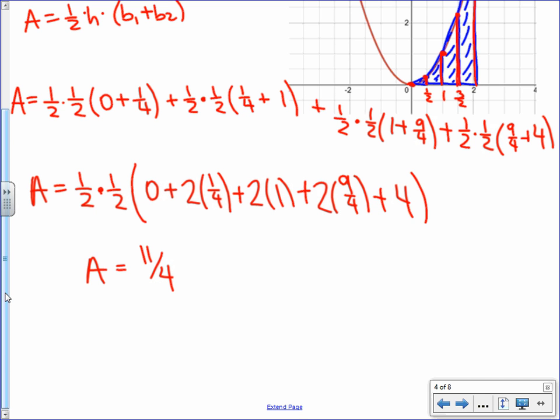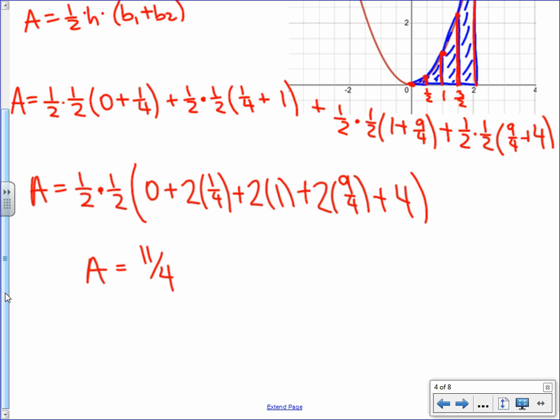So we have 4 trapezoids, but we had a total of 5 bases. Is that a pattern every time? Yes. When you had 4 rectangles, you had 4 heights. Here with trapezoids, if we have 4 trapezoids, we have 5 bases.